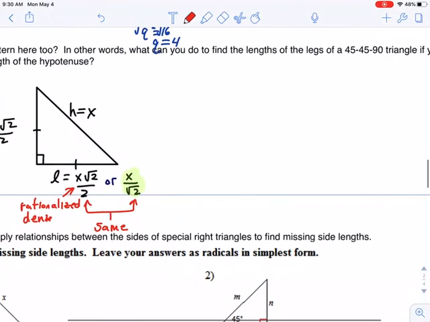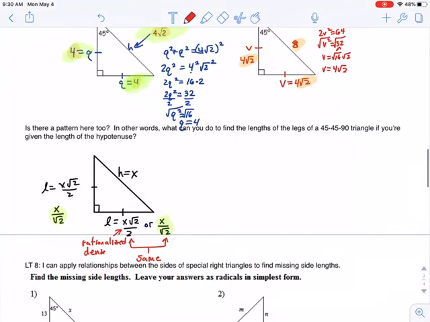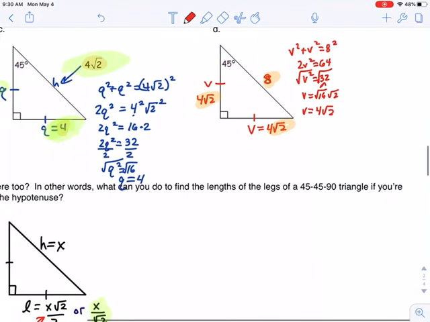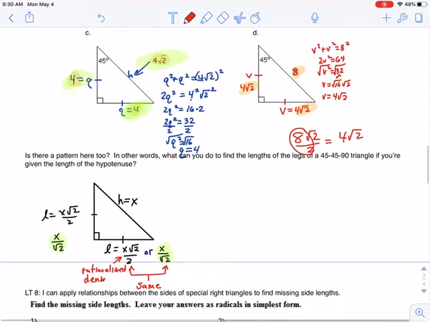We'll just write denominator like that. Over here, though, with 8, so I'll write 8 here. It's like multiplying by radical 2 and dividing by 2, and you just do 8 divided by 2, and you're left with 4 radical 2. So it's the same thing, just presented differently.